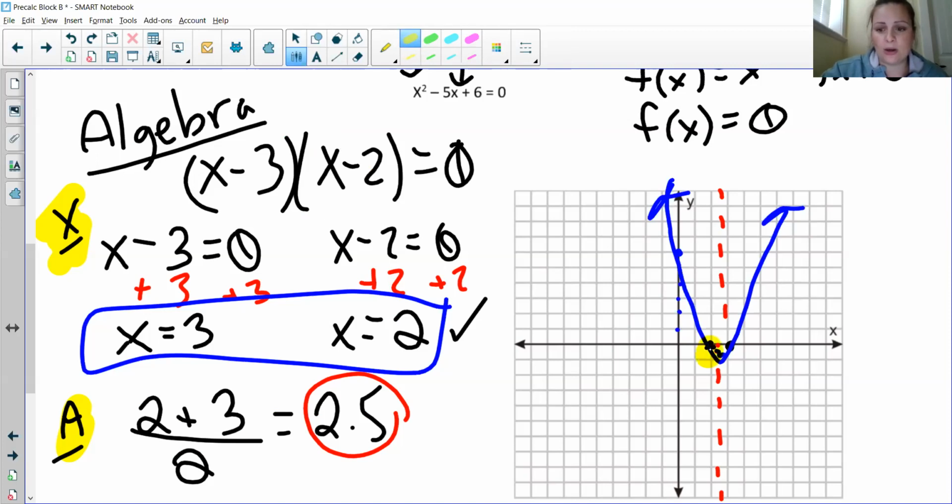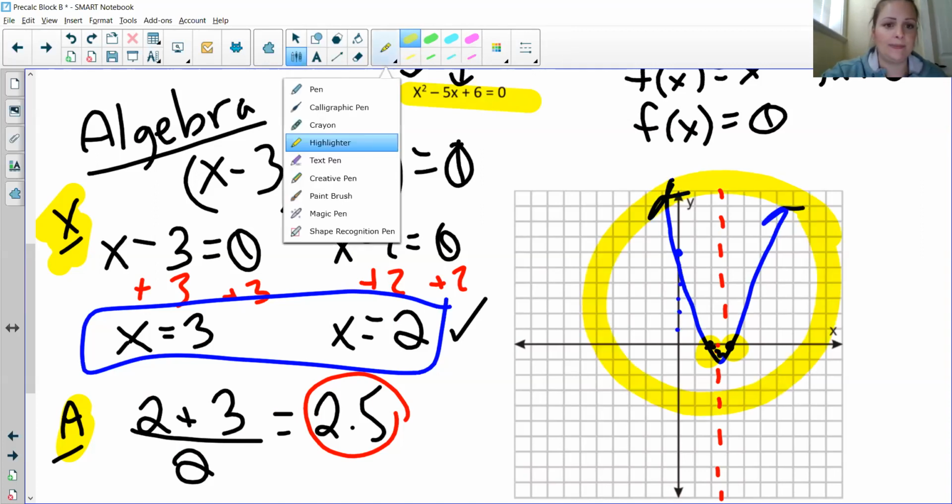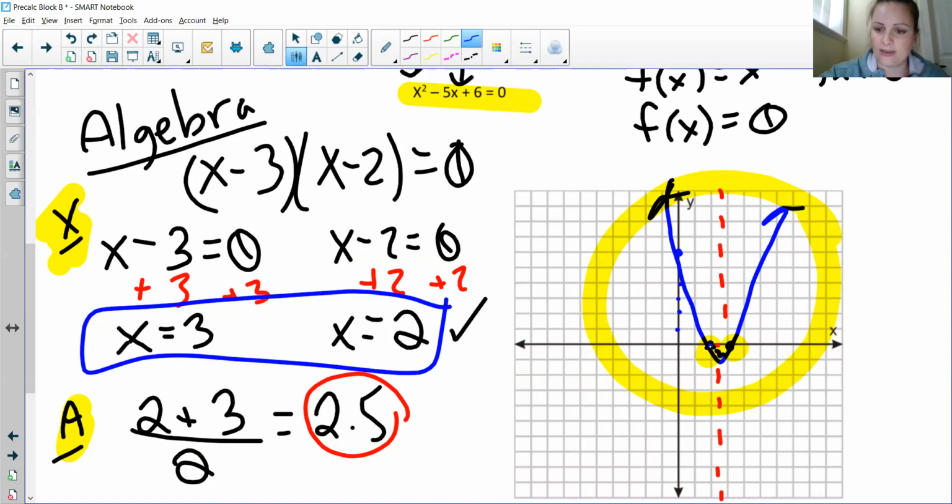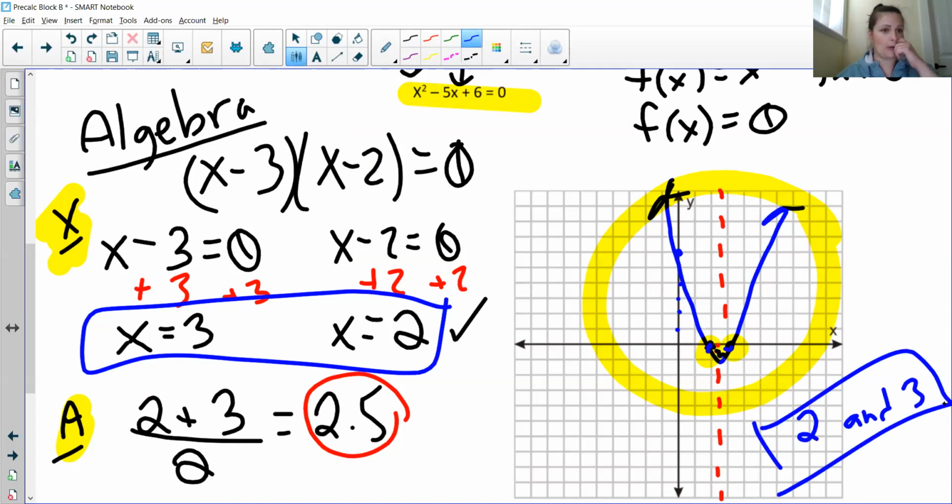You should be able, though, to get a graph like this and tell me, pretend we didn't get this equation, we just got this graph and it said what's the solution to this equation. You should be able to read off of it that the x-intercept here is at 2 and the other x-intercept here is at 3, so the solution is 2 and 3. You should be able to do that.